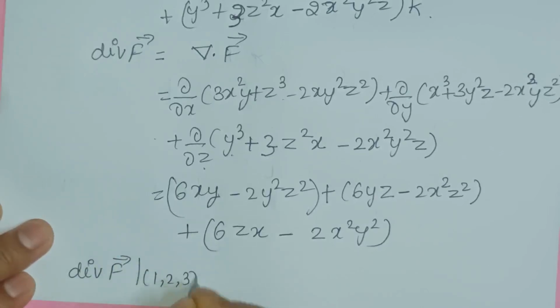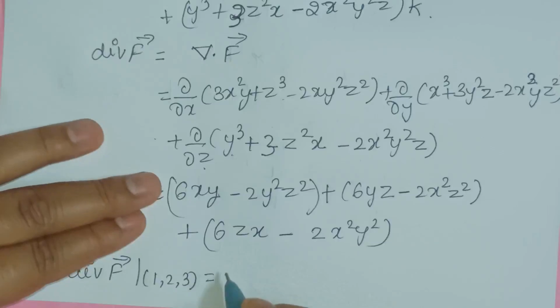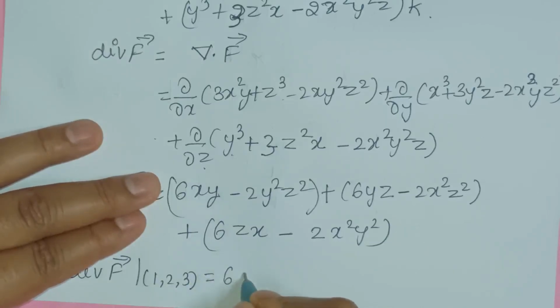1 comma 2 comma 3 equals to, here it is what, 6 into 2, 6 into 1, this is 1, right?